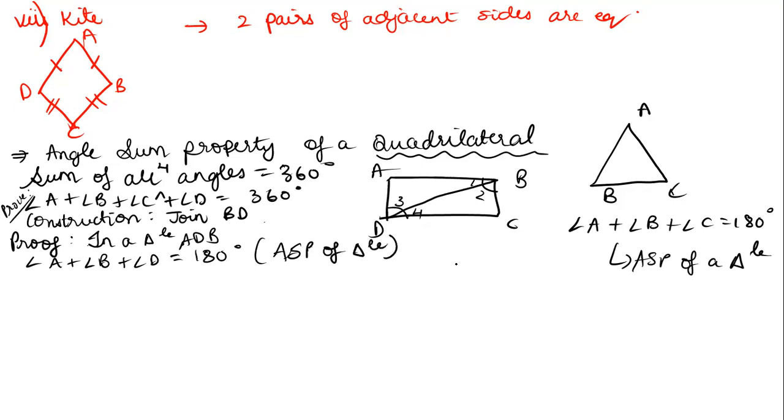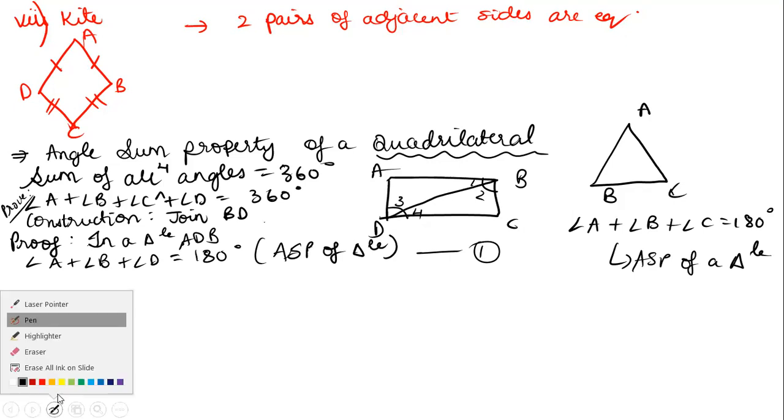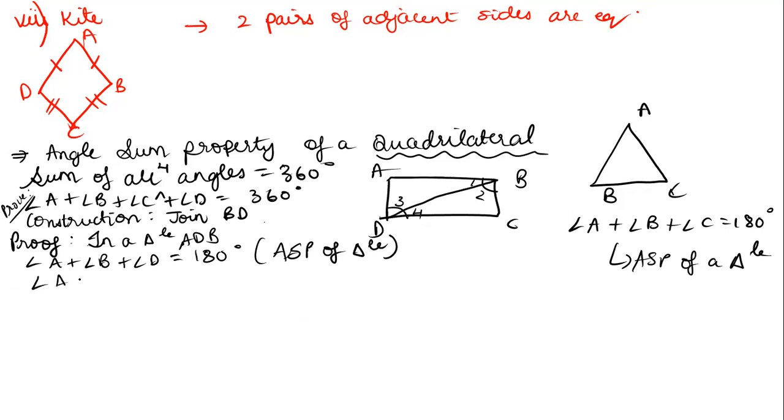So let's take this to be equation number 1. Before we write equation 1, let's substitute the names of angle B and angle D here. So angle A remains as angle A, plus angle ABD, which I have named angle 1, plus angle ADB, which is angle 3, right? Which is equal to 180 degrees.